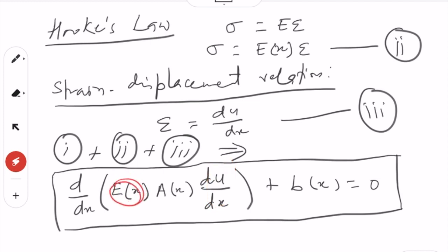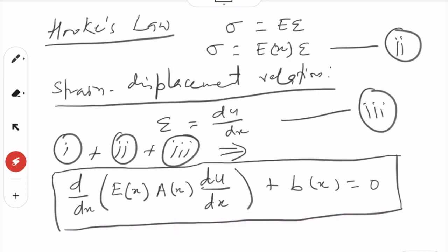This sigma multiplied by A is nothing but the total resulting force. And we have this differential term here plus B(x) equal to 0. So, this is what our differential equation is.